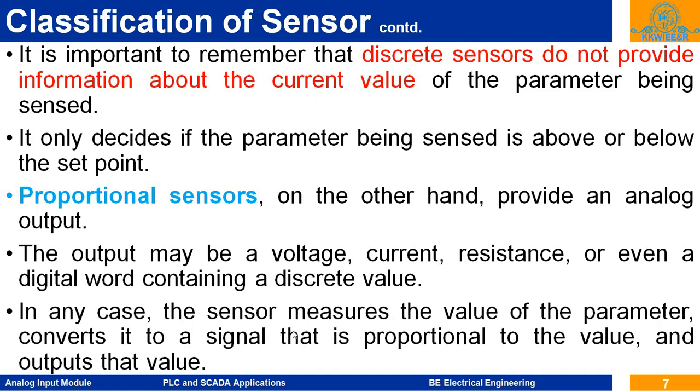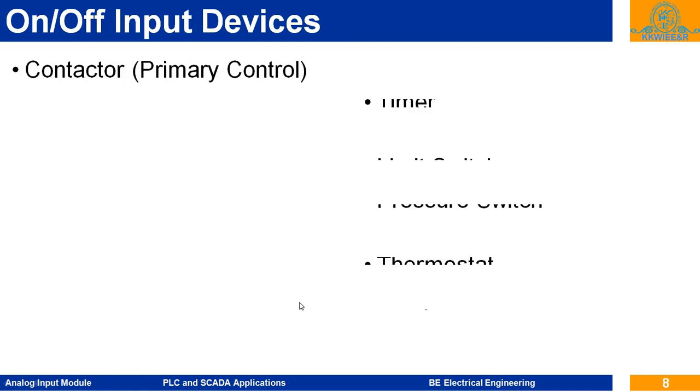In any case, the sensor measures the value of the parameter, converts it into a signal that is proportional to the value, and outputs that value.